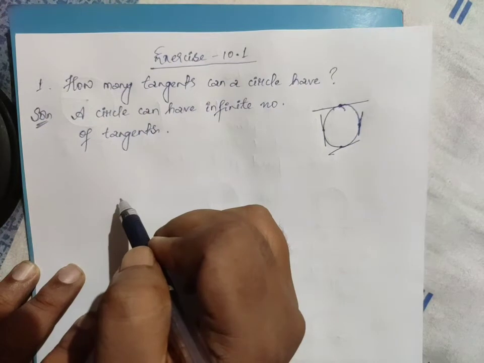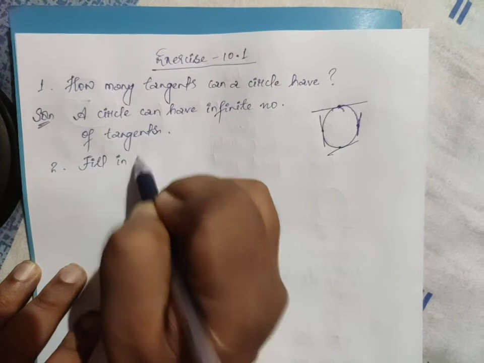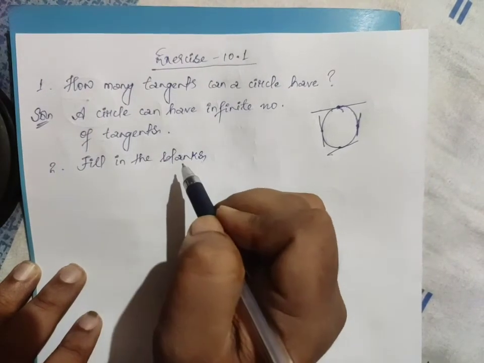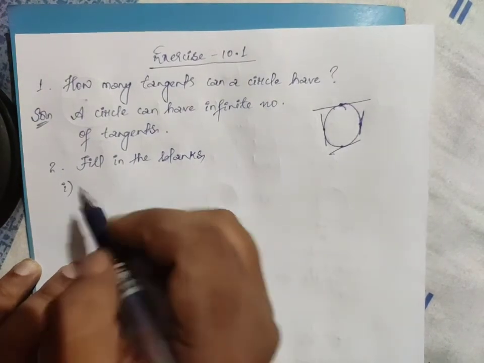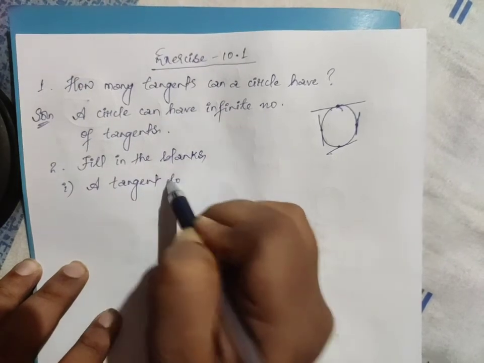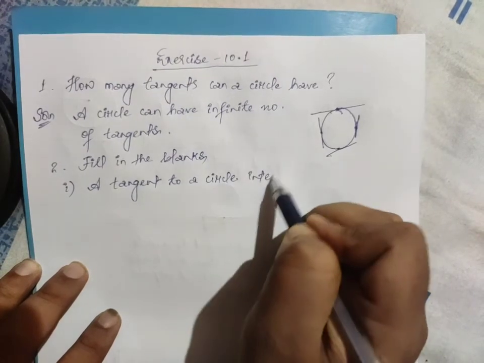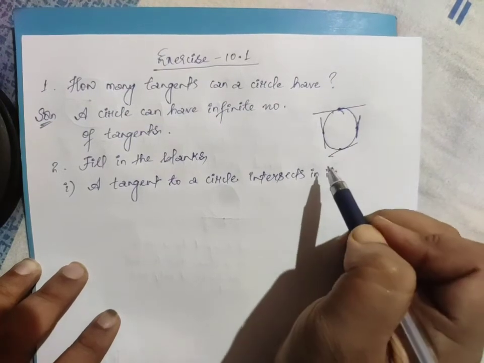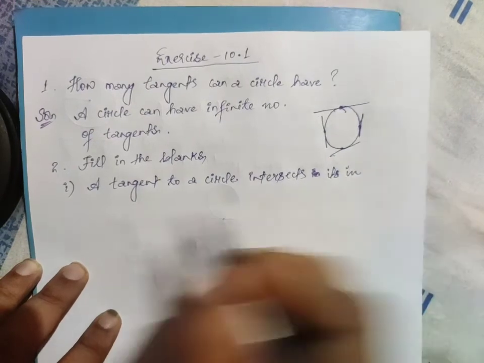Then next is fill in the blanks. Question number 2, fill in the blanks. Question number 1, a tangent to a circle intersects it in dash points.